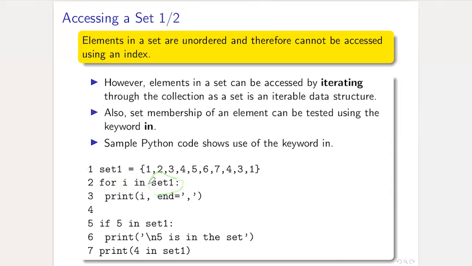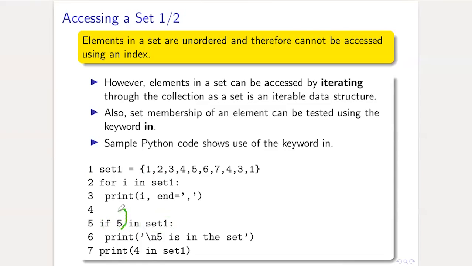Set 1 has to be an iterable collection. It is an iterable collection because it's a set, and whenever I go through the loop, I will get the next element from the iterable collection. And I can specifically check whether a particular value is in the set. This is checking for set membership.